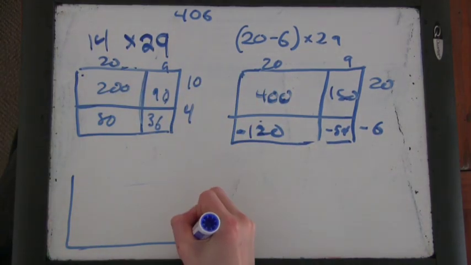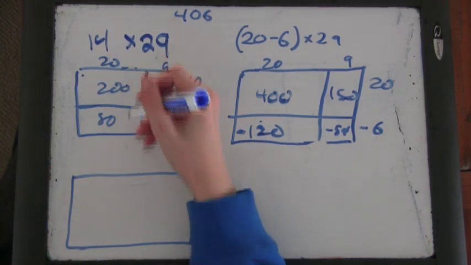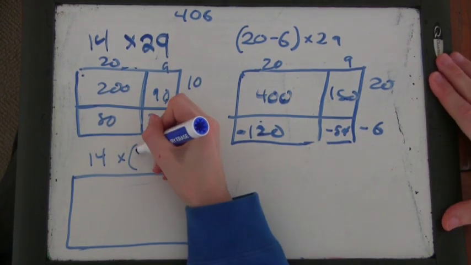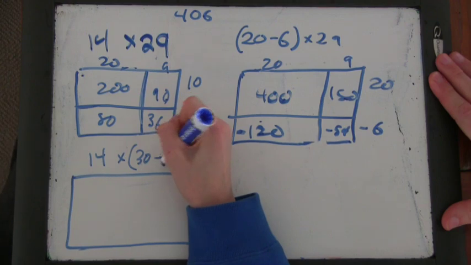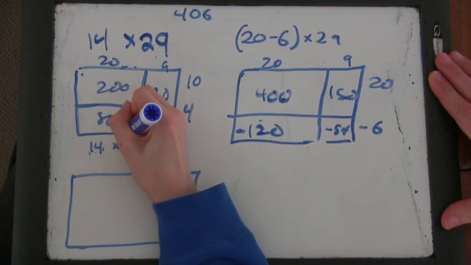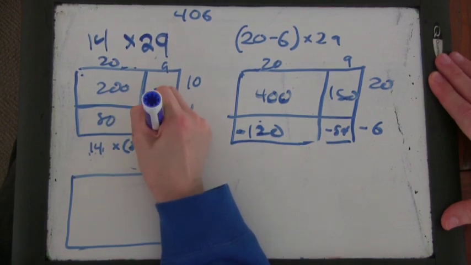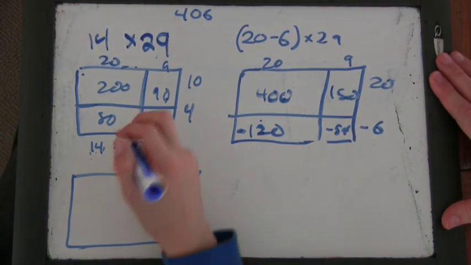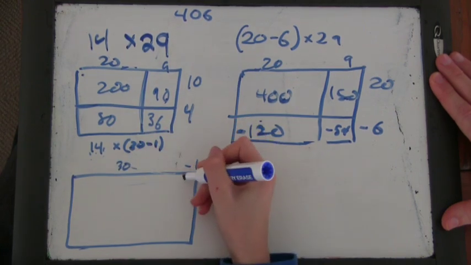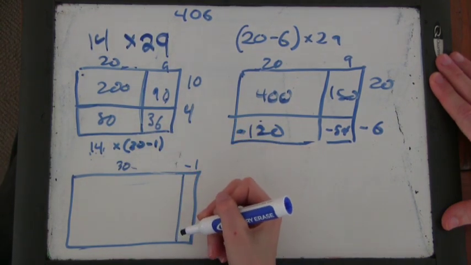So, the next problem is we have 14 and then we're going to change this to 30 minus 1. 30 minus 1 is the same as 29. So we have 30 and the minus 1. So a little section there.